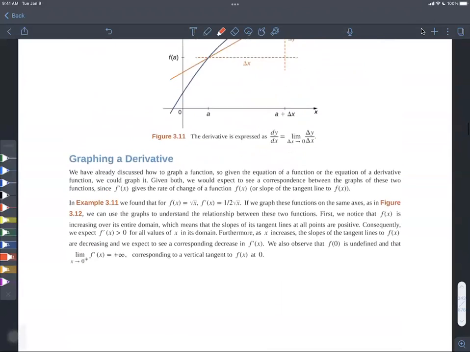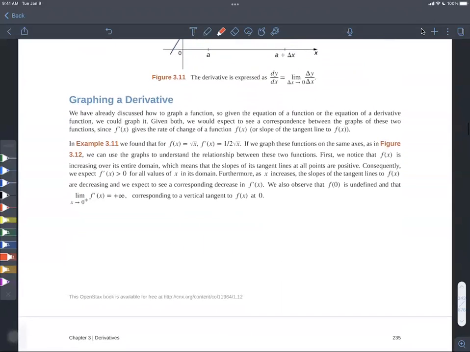All right, so graphing a derivative. How do we graph a derivative? We have already discussed how to graph a function. So given the equation of a function or the equation of a derivative function, we should be able to graph it. Given both, we would expect to see a correspondence between the graphs of these two functions, since f prime of x gives the rate of change of a function f of x, or the slope of the tangent line to f of x.